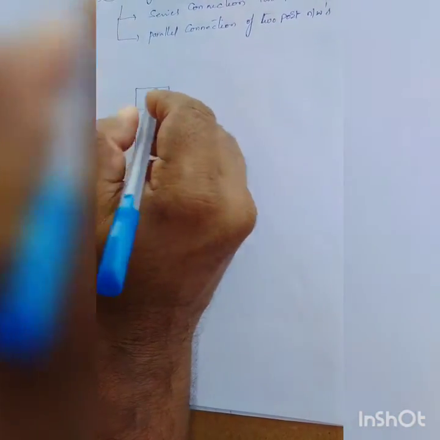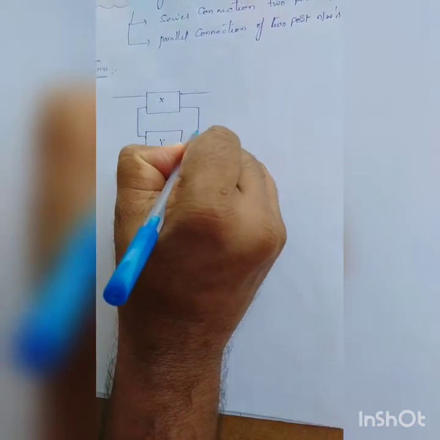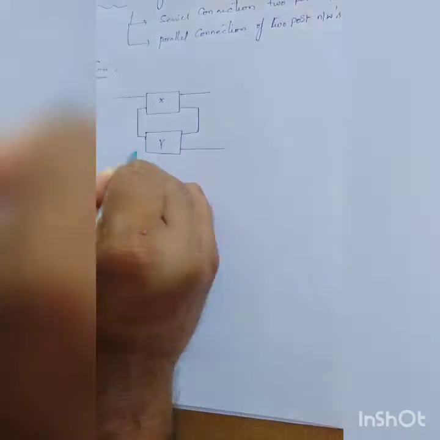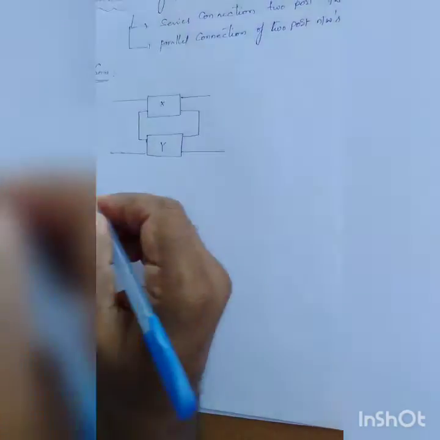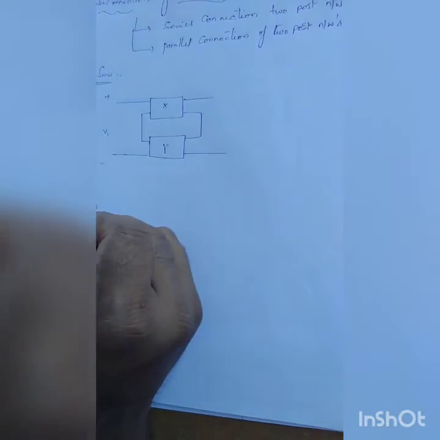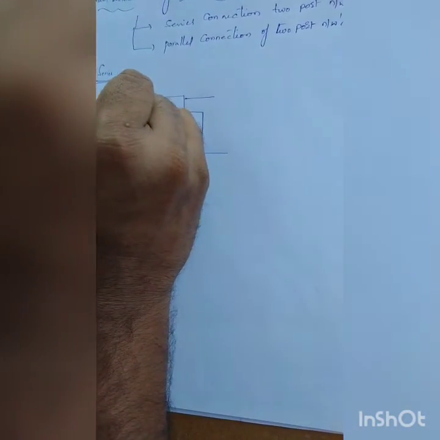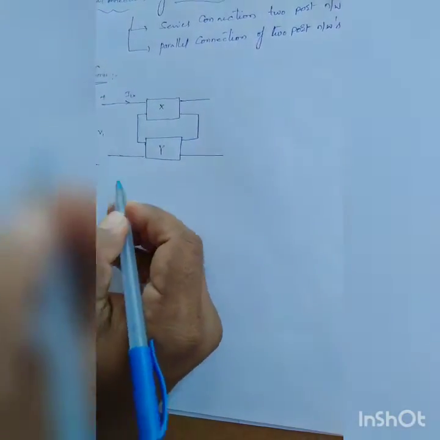In the X component, there are two ports. This is the V1 voltage when the current I1X passes through.